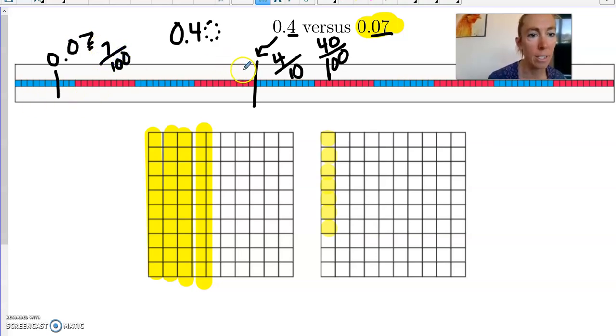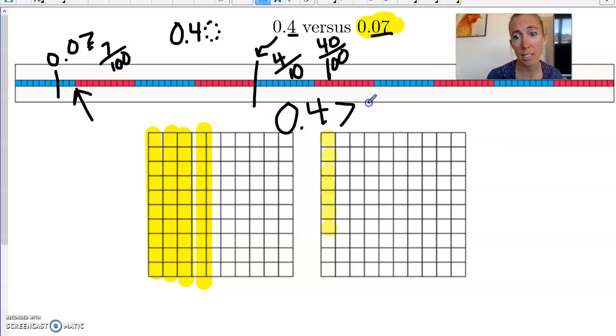How many tenths is it? It's not even worth a tenth because it's not even over to the tenths spot, right? I'd have 3 more hundredths for it to make even 1/10. So actually, I was saying 4 is less than 7, but 0.4 is actually greater than 0.07.